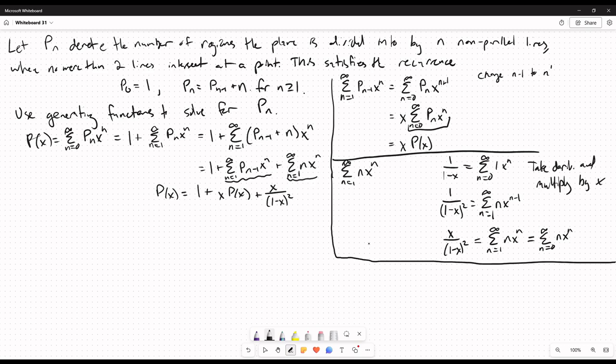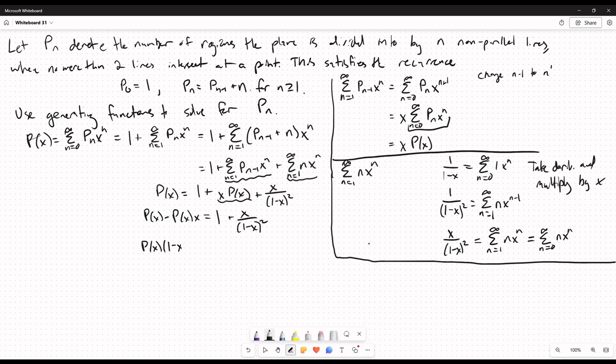Now I want to go ahead and solve for my recurrence. So let's go ahead and solve for p of x. Let's get the p of x's to one side. I'll have p of x minus p of x times x equals 1 plus x over 1 minus x squared. I can go ahead and factor out a p of x on the left-hand side.